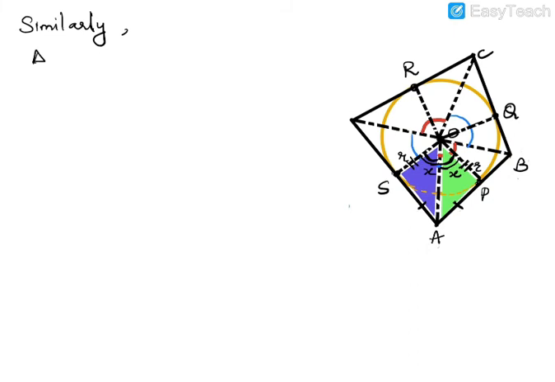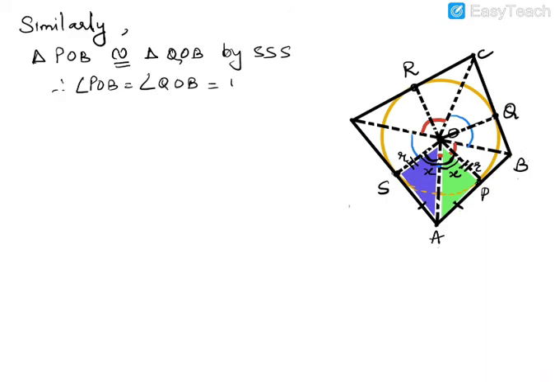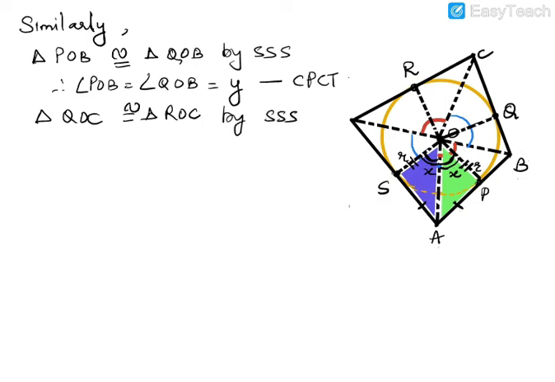Similarly, we can prove triangle POB congruent to triangle QOB by SSS, and therefore angle POB will be equal to angle QOB. Let's mark these equal angles as Y. Then we can prove triangle QOC congruent to triangle ROC by SSS.